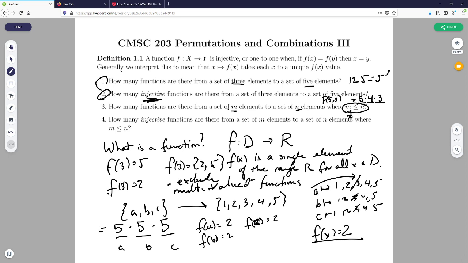For this part, it doesn't matter. So I think the way to think about it is that we have to generalize what's going on here. Basically here, the thing that we were multiplying together was the size of the range. So we have a set of m elements that's mapping to a set of n elements.